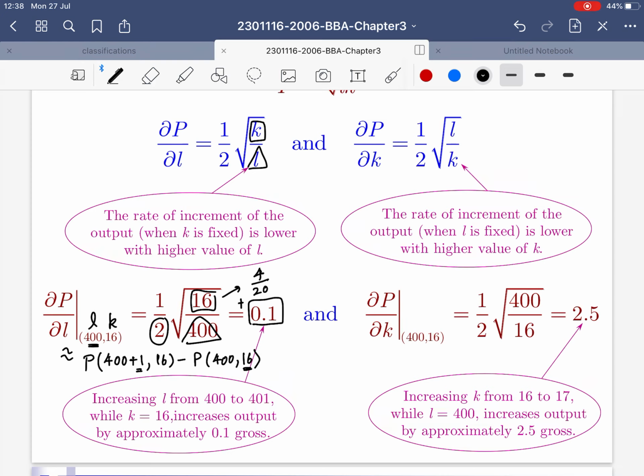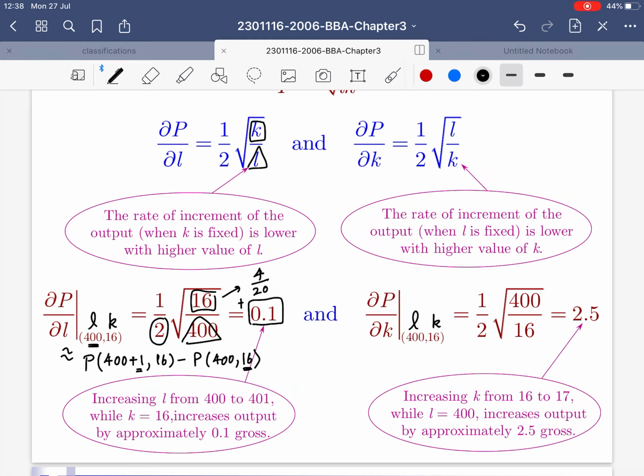So if you increase your labor hours from 400 hours to 401 hours, but your capital is fixed at 16 units, the increase in output is approximately 0.1 gross.